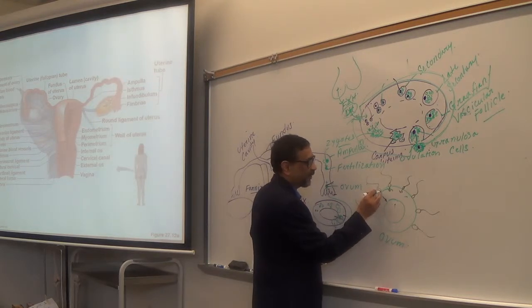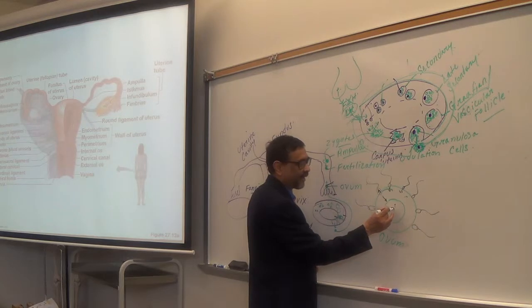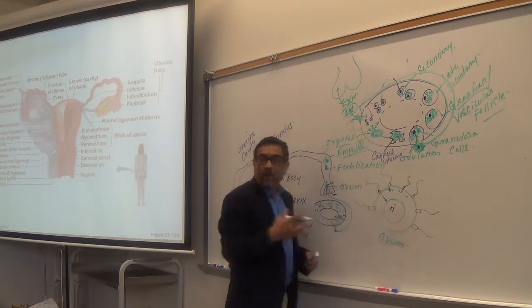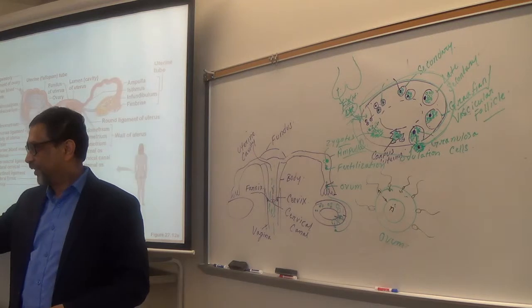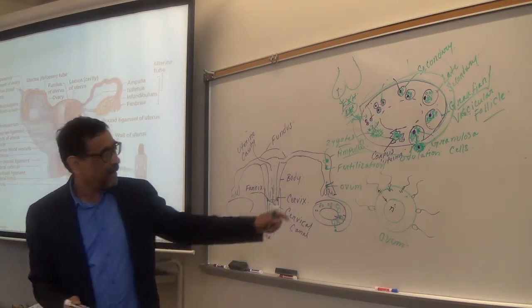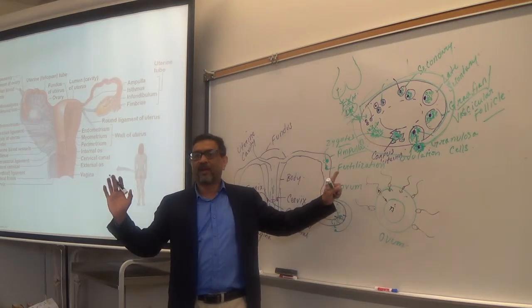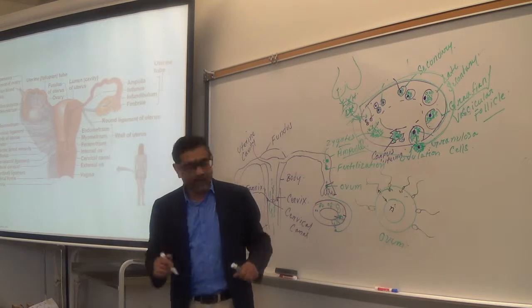The number is half, n. 2n is normal, but the sperm has n, and ovum also has n. That means half the number of chromosomes. And here, and here. All your body cells have 2n, 46. But only the sperm and ovum have 23, half, haploid, n, okay?